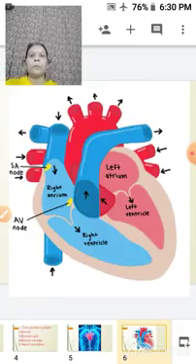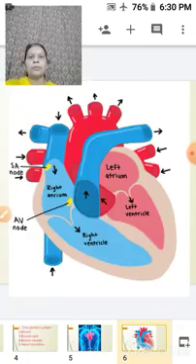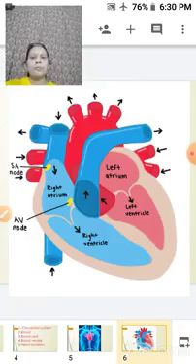The right side of the heart contains the deoxygenated blood, which is received from all the parts of the body, and this deoxygenated blood is pumped to the lungs. Within the lungs, this blood gets rid of carbon dioxide and then takes in oxygen from the air, which is inhaled into our lungs.